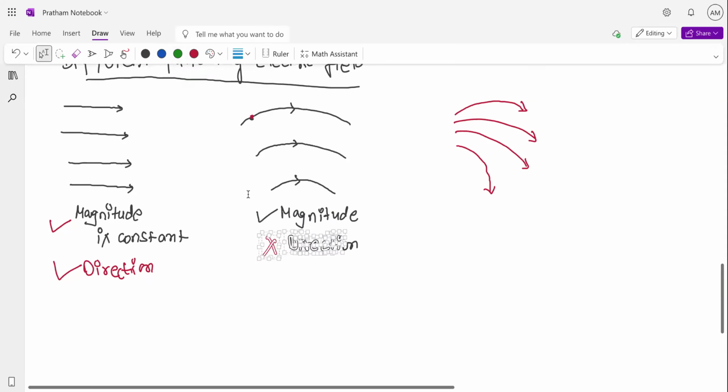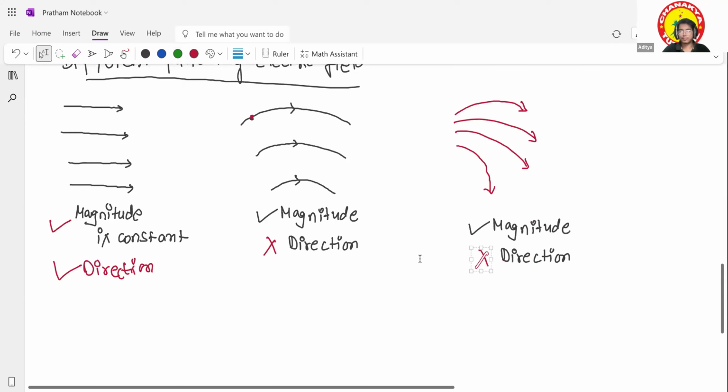Magnitude and direction are both different. Yeah, both are different. I can say magnitude and direction both are different.